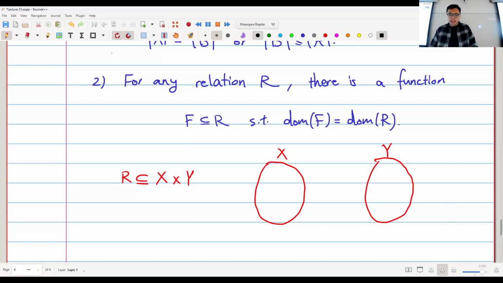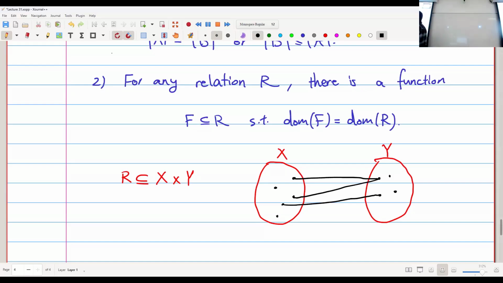I have one vertex for every member of X, one vertex for every member of Y, and an edge between them if they are in relation. Again, I'm of course drawing a finite picture here, but this is not necessarily finite. X and Y can be any set.